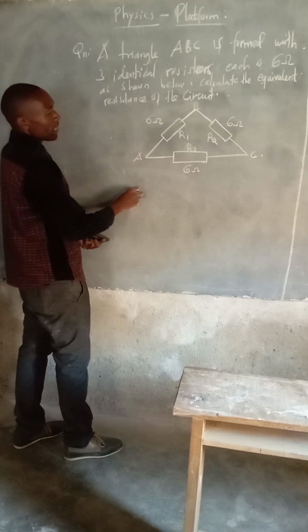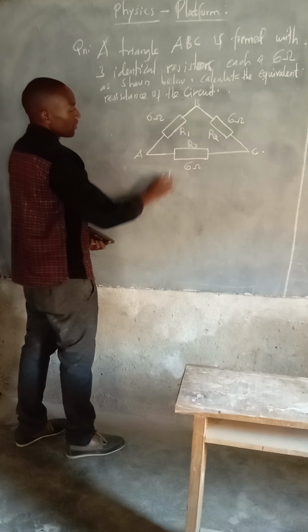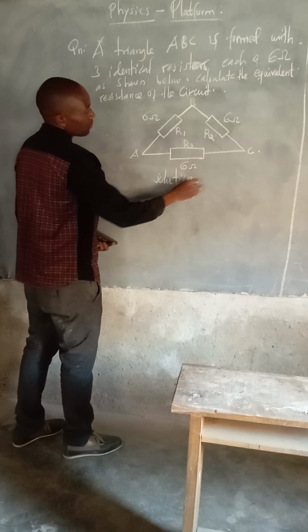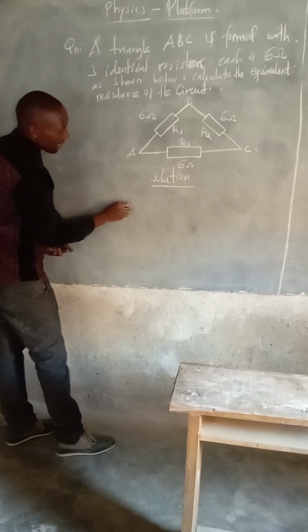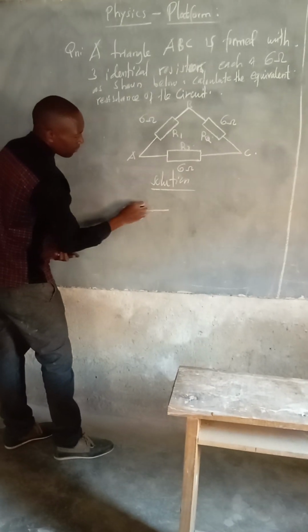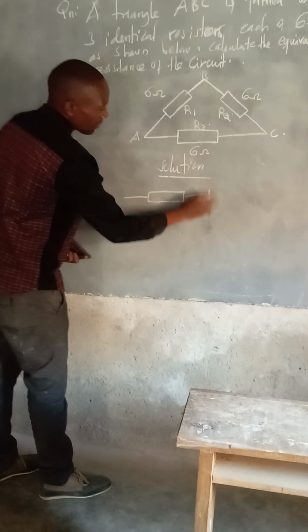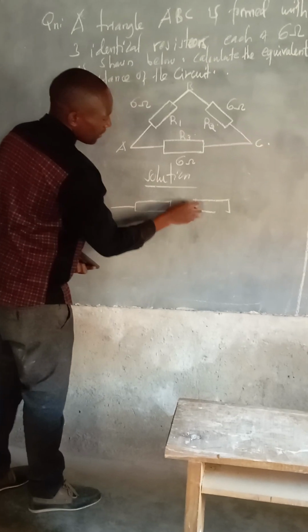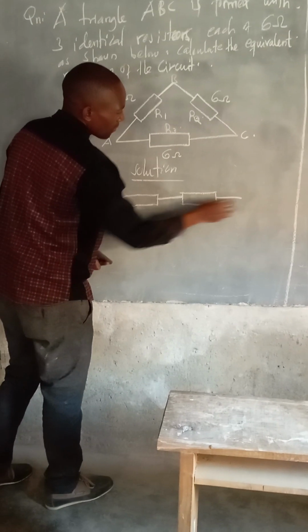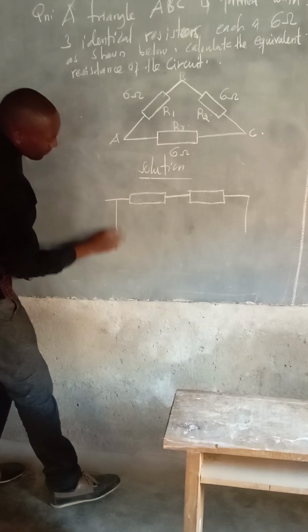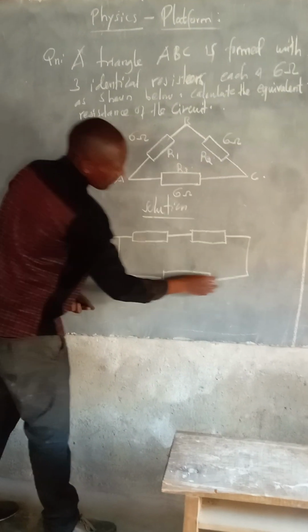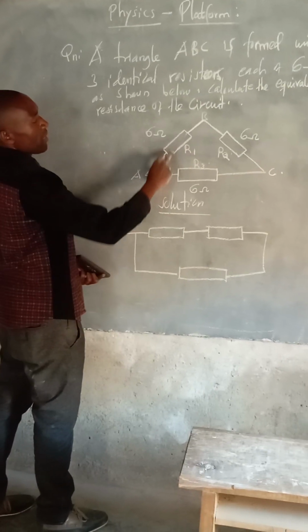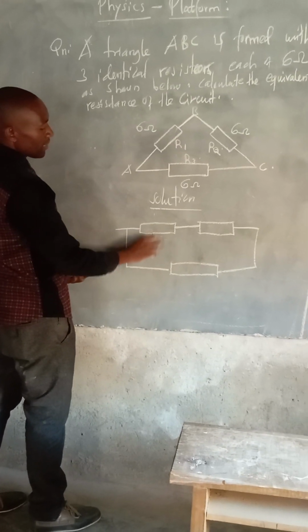This diagram can be drawn in the solution like this. This resistor is resistor 1 here.